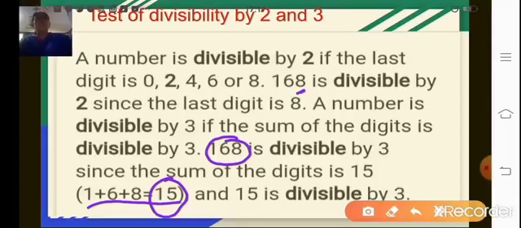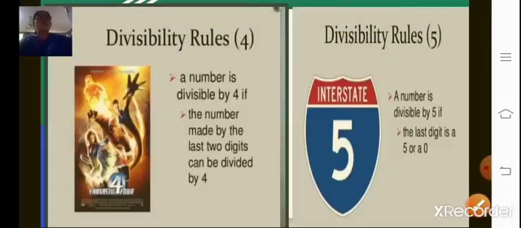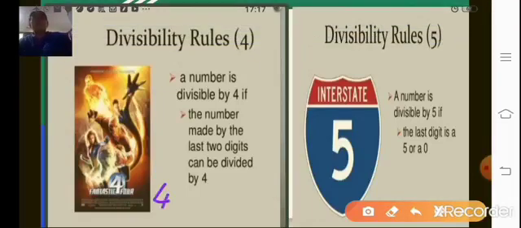Okay. Now let us come to the next, divisibility by 4. A number is divisible by 4 if the number made by the last two digits can be divided by 4. Suppose I take the number 4,12,632.